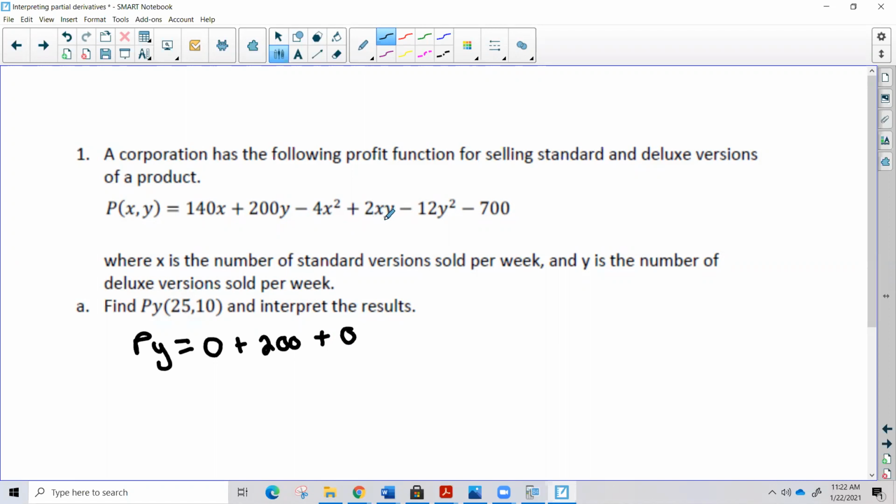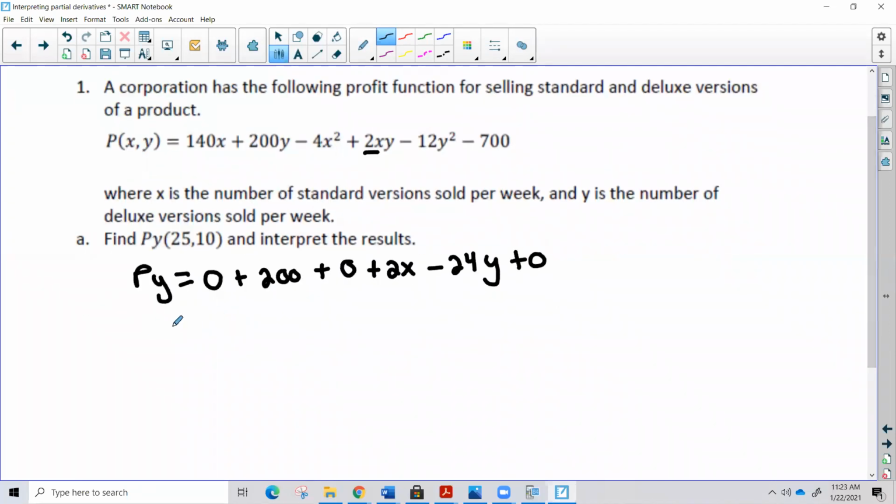When we take the derivative of y, it's just whatever is in front of it. So it's plus 2x, because again, x is just representing a number like the 2 is. Minus 12y squared is minus 24y. And then 700 again is a constant, which is plus 0. You don't have to write out all the zeros. Okay, but that's my partial with respect to y.